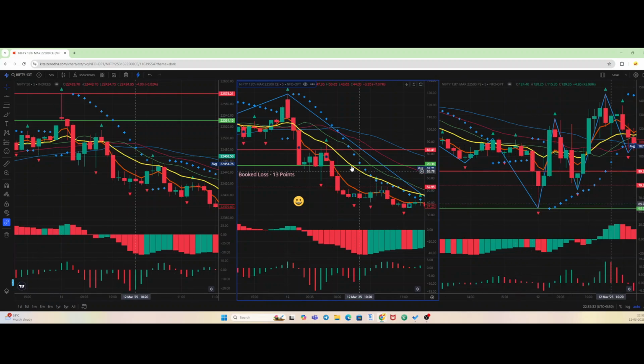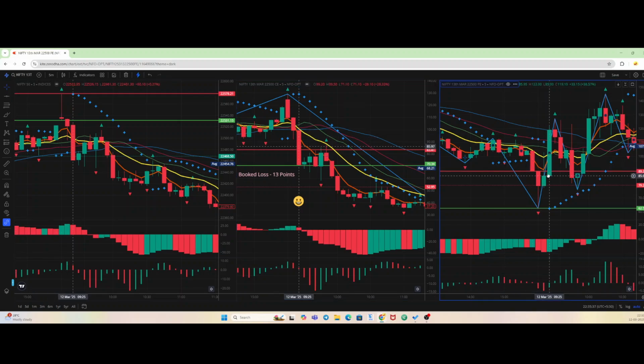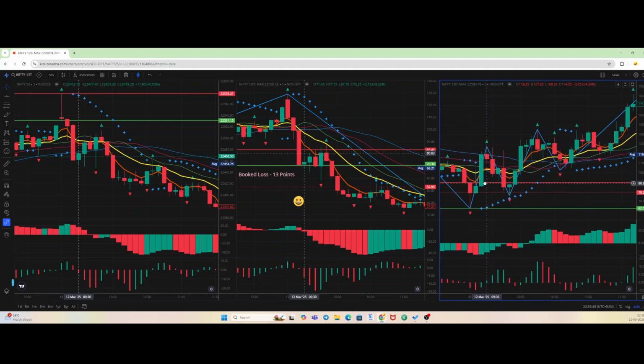Then afterwards, on the C side there was no confirmation, hence we changed. That time we saw that it was also 20,500 only. We saw the P side; on the P side also there was no trade, the confirmation was not there, so we waited. Then again there was a confirmation.